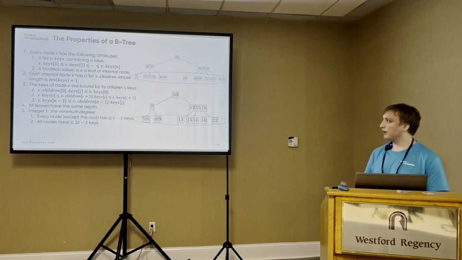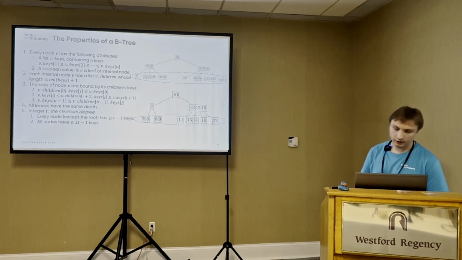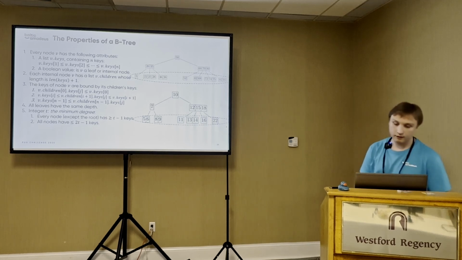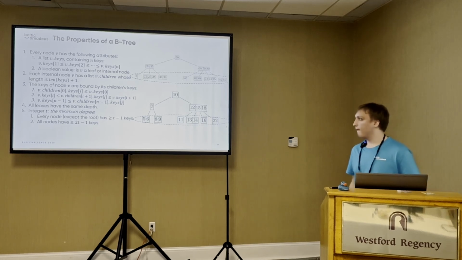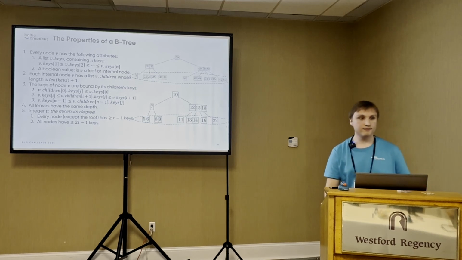So every single node has between 1 and 3 keys. A node could not have 0 keys, and a node could not have 4 keys. That's just a way to keep the structured environment in the B tree. And if the minimum degree was, for instance, 3, then it would be between 2 and 5 keys. Right, so does this make sense?